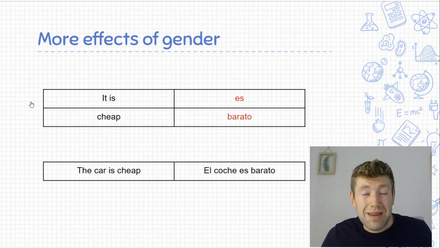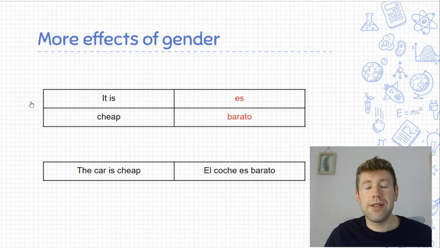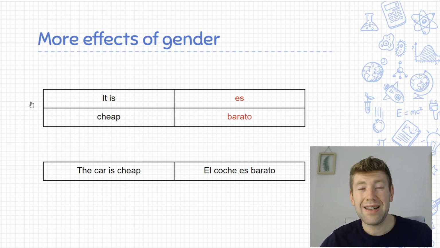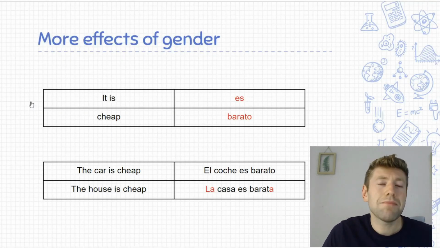Another example, we could have cheap, which is barato. So the car is cheap would be el coche es barato. So what do you think the house is cheap would be? Well, again, house is feminine, so we need to change barato to barata. So it would be la casa es barata.